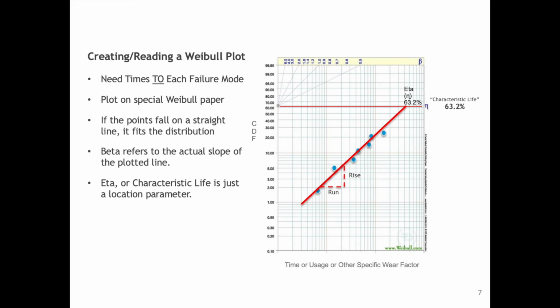The beta, or the slope of that line, gives insight as to the underlying nature of the failure mode.